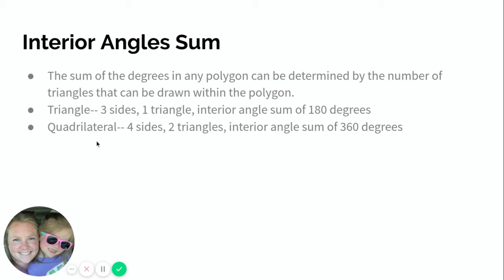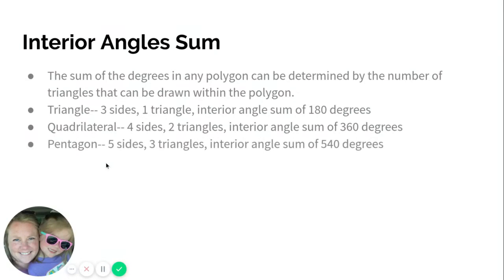The next one is a 5-sided shape. That's called a pentagon. A pentagon, 5 sides, has 3 triangles, and the interior angle sum is 540. So 5 sides has 3 triangles on the inside, and all the angles add to 540.